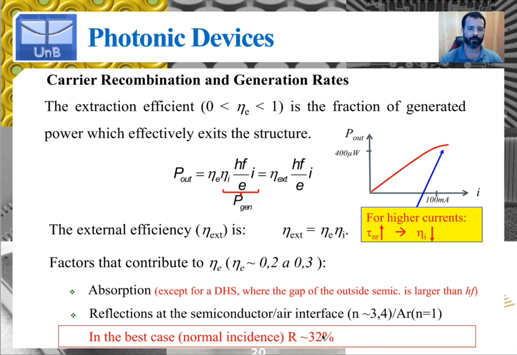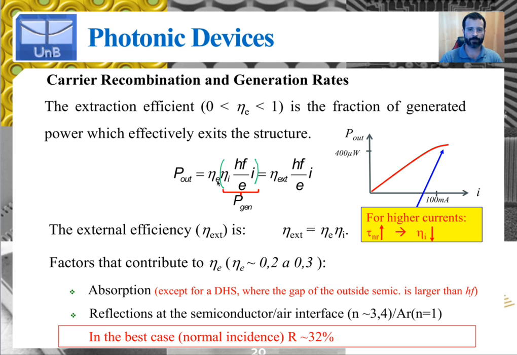This will translate into some power loss. All of these factors contribute to this eta E, the extraction efficiency, which is typically around 0.2 to 0.3. To calculate the power that comes out of the diode, we need to multiply the generated power, which we've just seen to be eta I times hf over e times I, by this extraction efficiency.